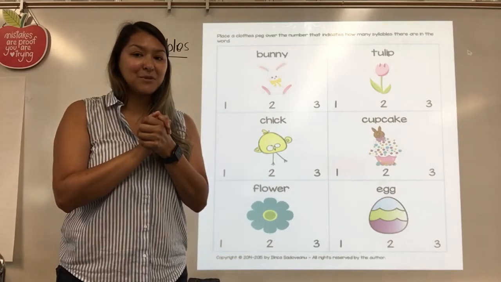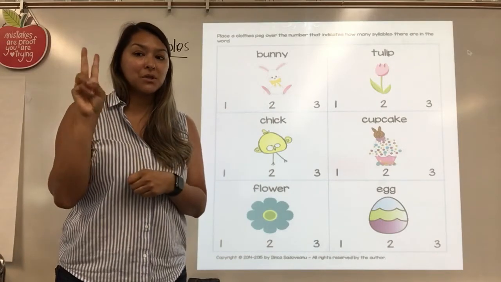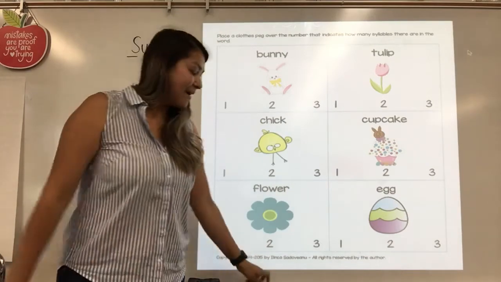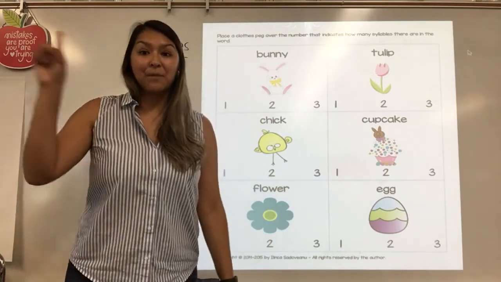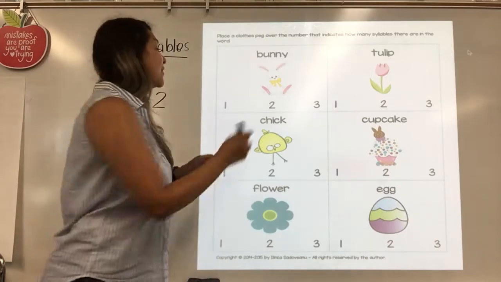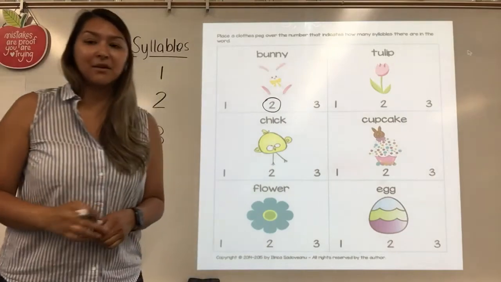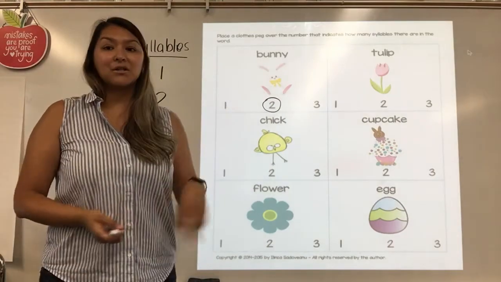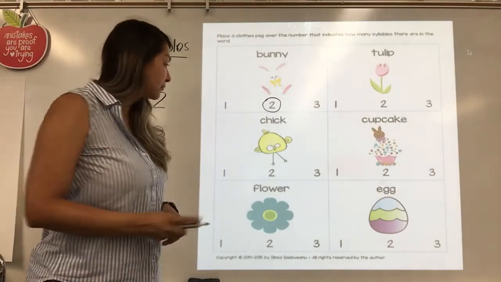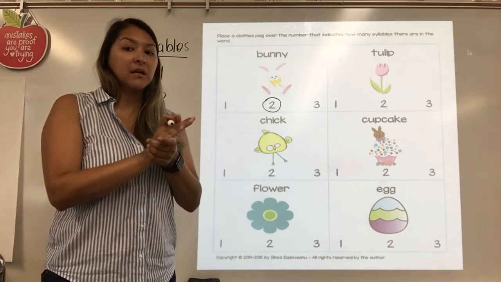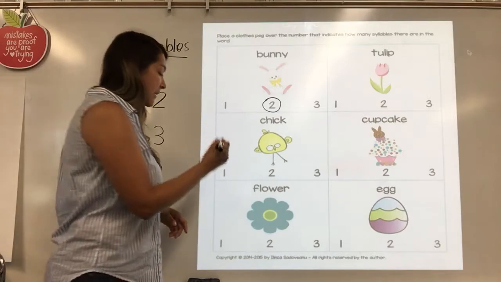How many syllables do you hear? 1, 2, or 3? I think I'm hearing 2. Bunny. Good. I'm going to go ahead and circle that number 2 because I think we all agree that bunny has 2 syllables. How about the word chick? Chick. I think it only has 1.